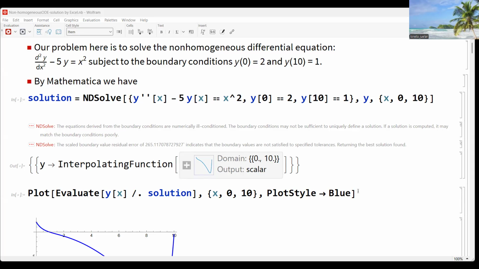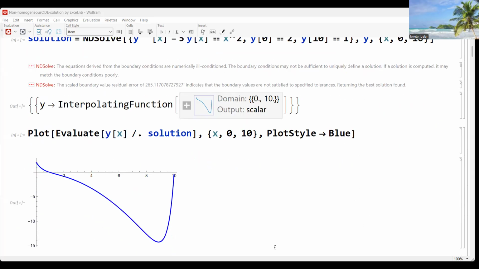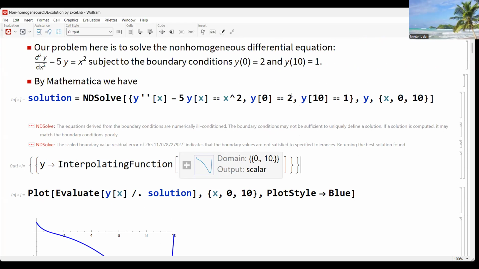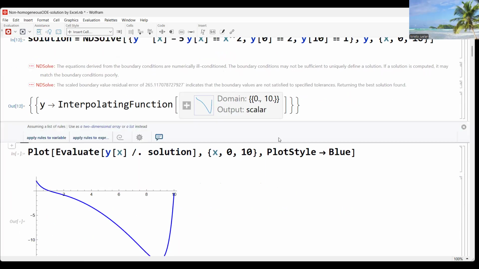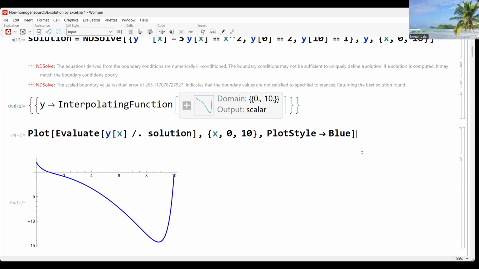By Mathematica, so this is our solution by Mathematica. And our plot here is this one, right?